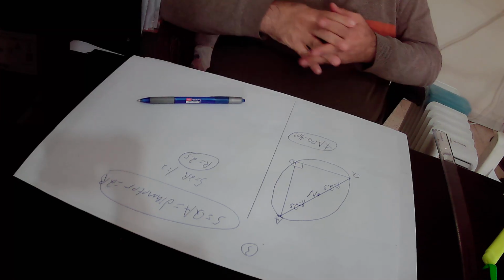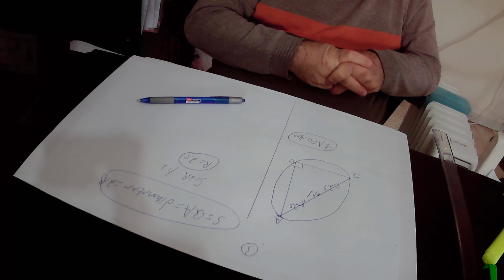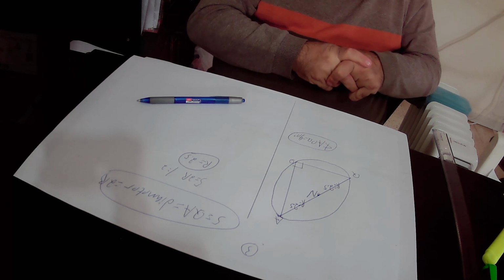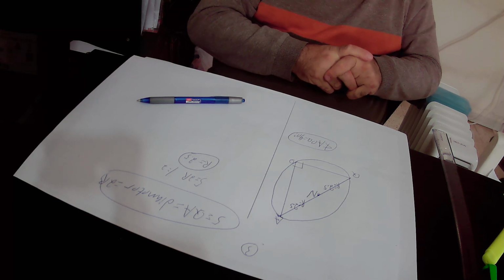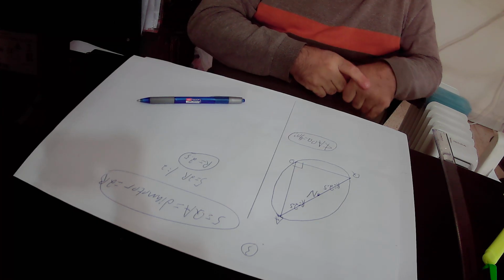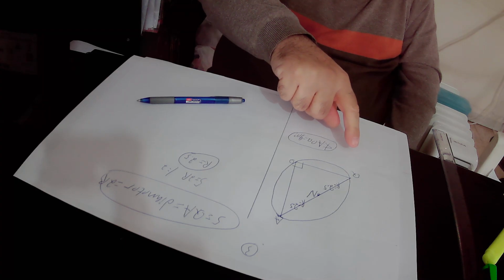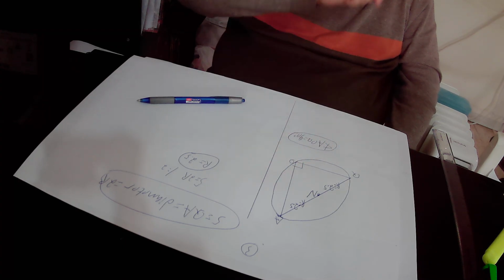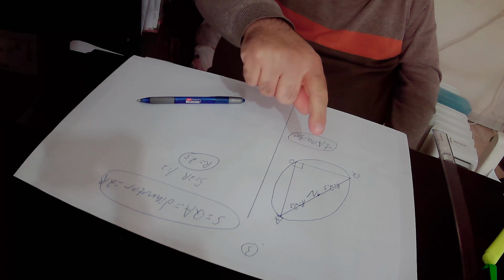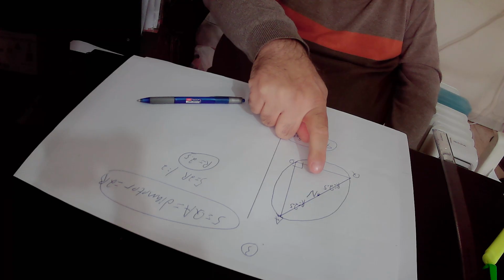And we also know that the center of any circle is located in the middle of the diameter. So it means that for QA, that is the diameter, the center of the circle will be located in the middle of QA.